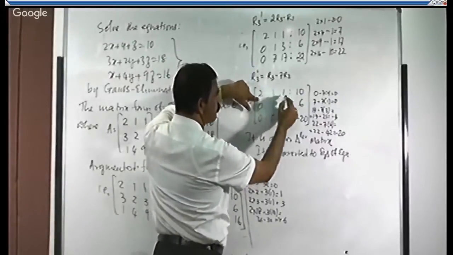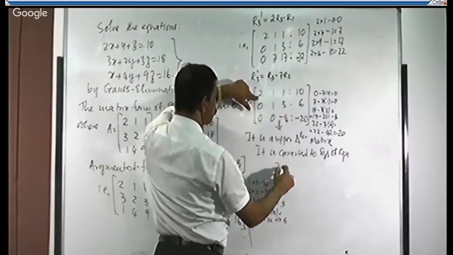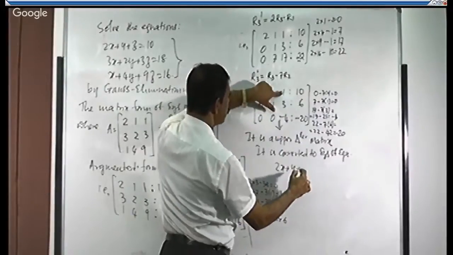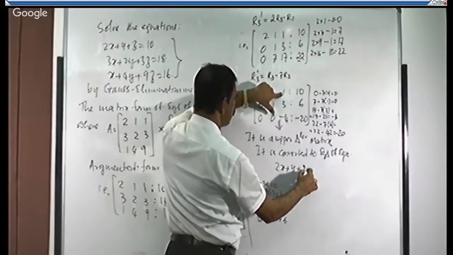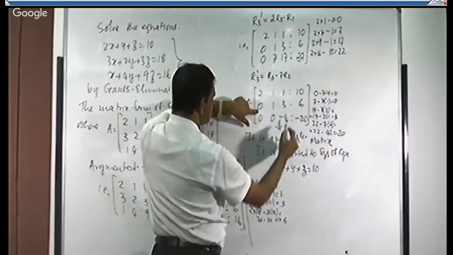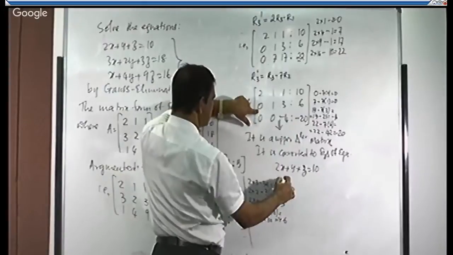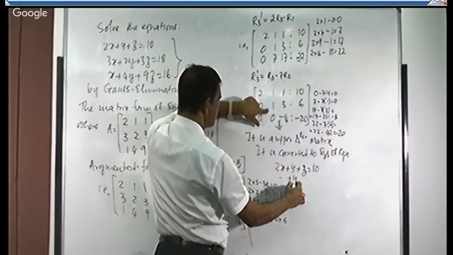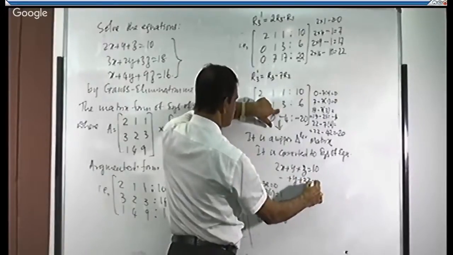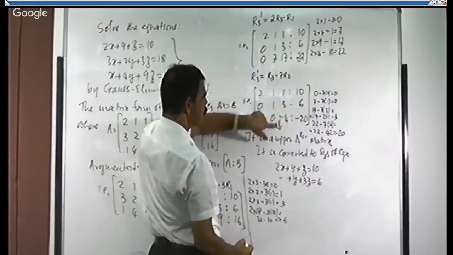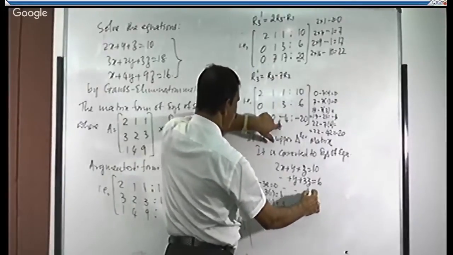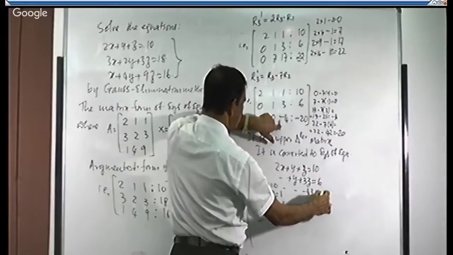Just put x, y, z. 2 into x plus 1 into y plus 1 into z is equal to 10. For the second row, 0 into x, 0, plus 1 into y, y, plus 3 into z, 3z is equal to 6. 0, 0, minus 4 into z is equal to minus 20.